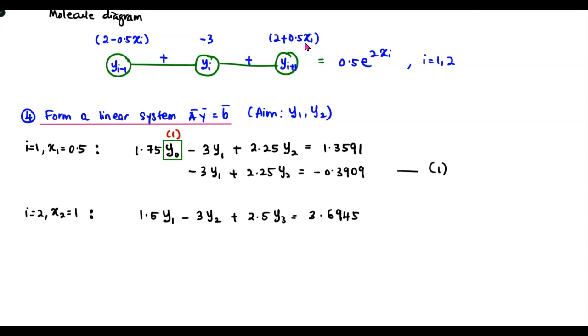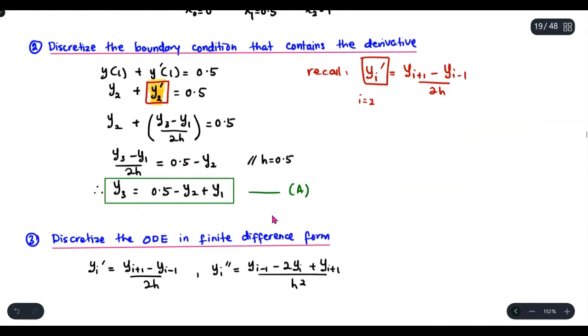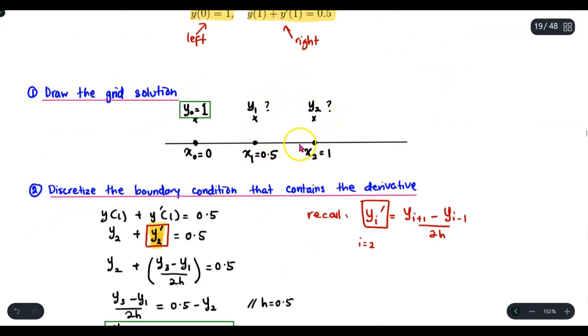Your aim is y1 and y2, but you can see y3 here, which is out of your grid. There's no y3 in your grid. So if you can recall, in your grid solution here, there's no y3. So you need to know that y3 must be replaced with something that you have.